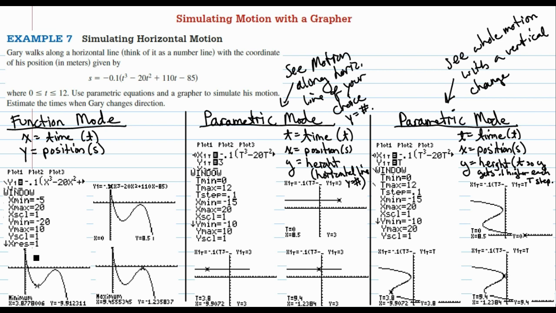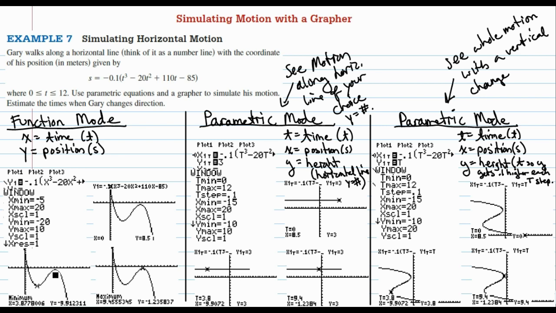So I can see where Gary is walking. He changes directions here at 3.8 seconds, which has a y value, a position, of negative 9.9, because he was walking maybe left. And then he's walking right, because it's along a horizontal line.